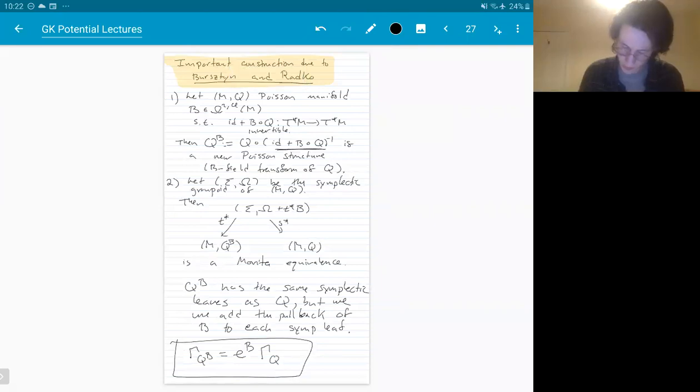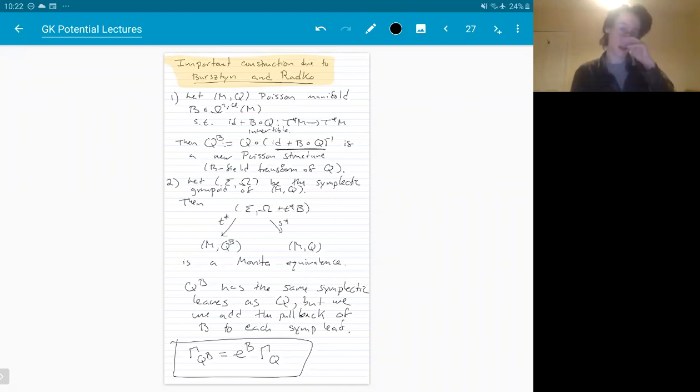Everything that I said so far was in the smooth category, but it's still true in the holomorphic category. In particular, this Burson and Radko construction still works in the holomorphic category.